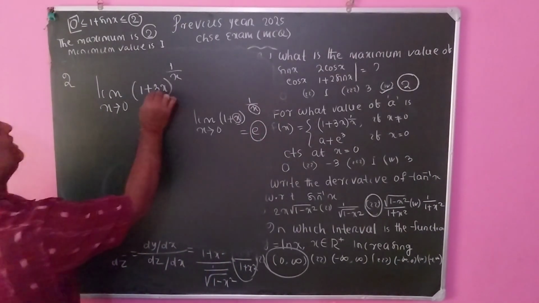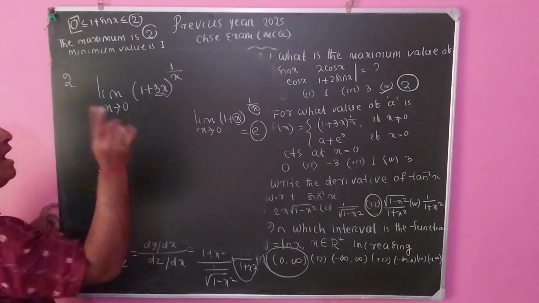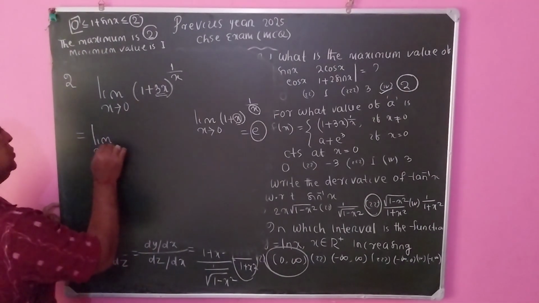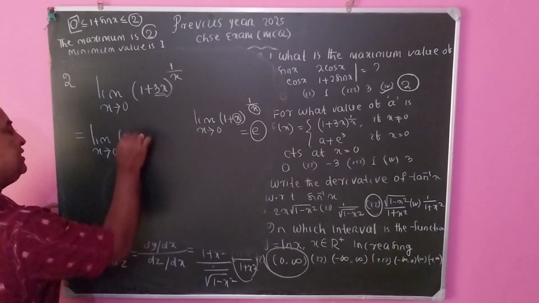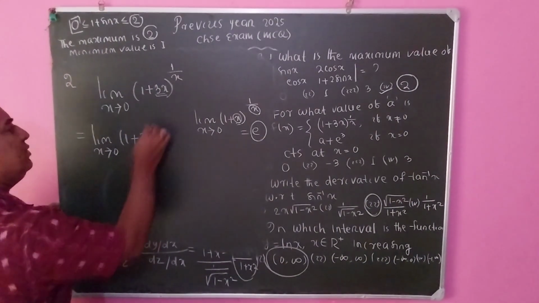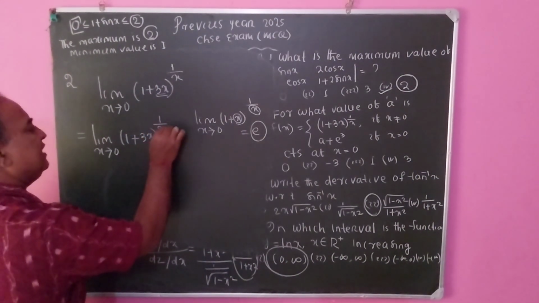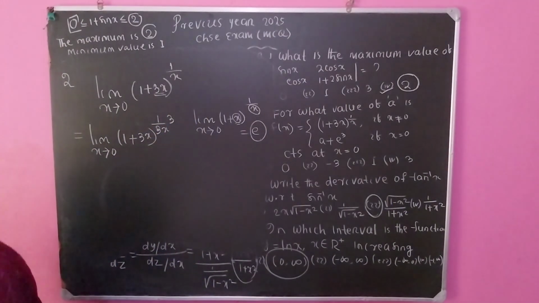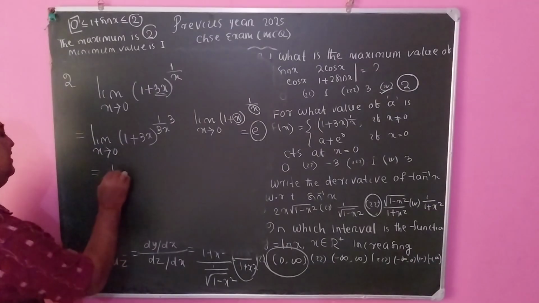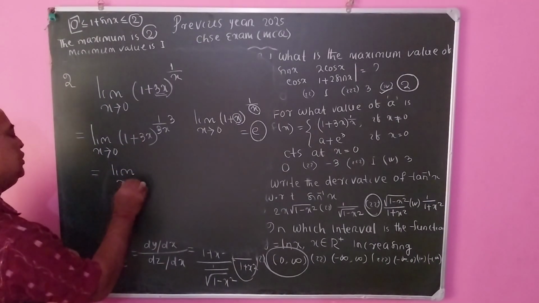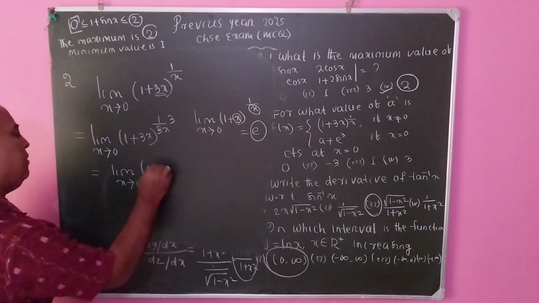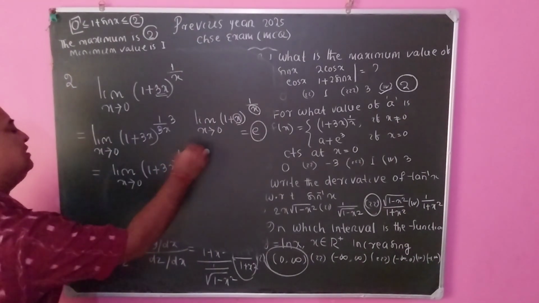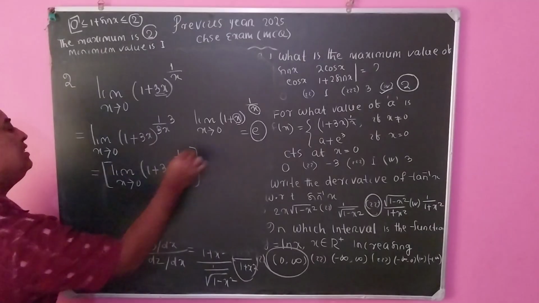But here it is 3x, and here it is x, so you have to adjust. Limit x tends to 0, (1 plus 3x) to the power 1 by x; multiply and divide by 3, so this can be written as limit x tends to 0, ((1 plus 3x) to the power 1 by 3x) whole to the power 3.